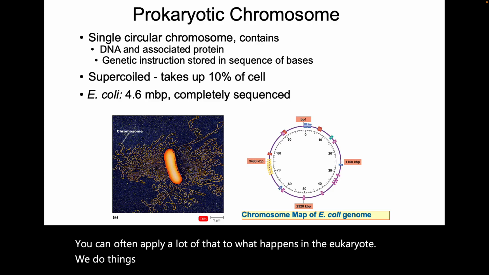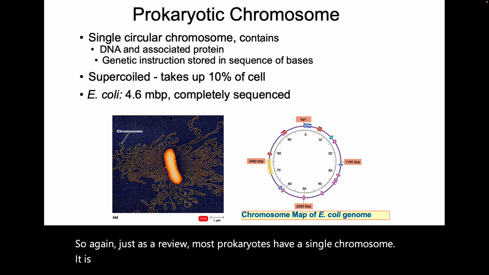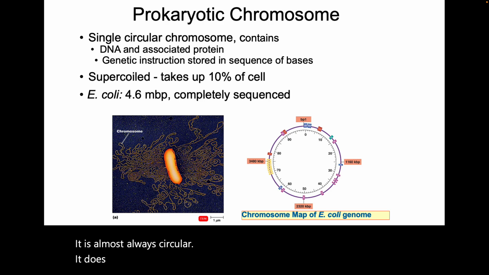We just like to add extra complexity. So again, just as a review, most prokaryotes have a single chromosome. It is almost always circular. It does not exist in a nucleus. It is supercoiled, really tightly wound up and packaged within the cell.